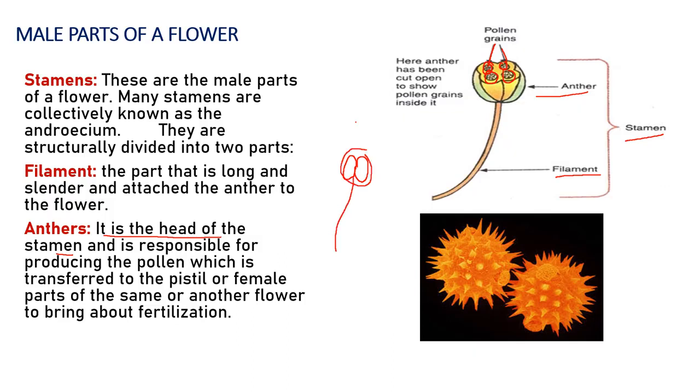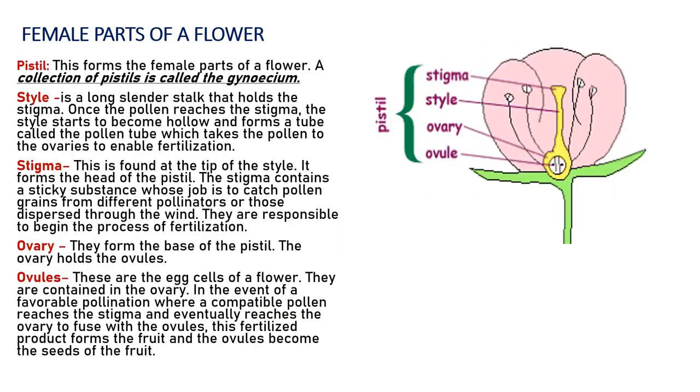It is responsible for producing the pollen, which is transferred to the pistil, the female part of the same or another flower, to bring about fertilization. So what is fertilization? It is nothing but the fusion of male and female gametes. Now the female part, the pistil, forms the female part of the flower. A collection of pistils is called gynoecium.